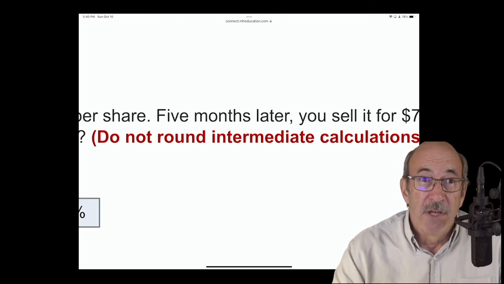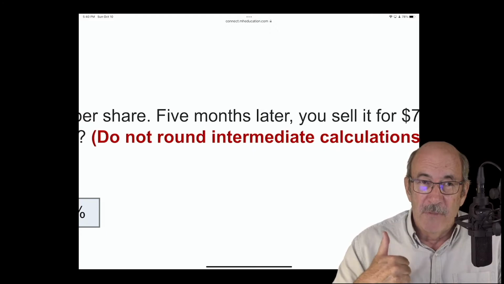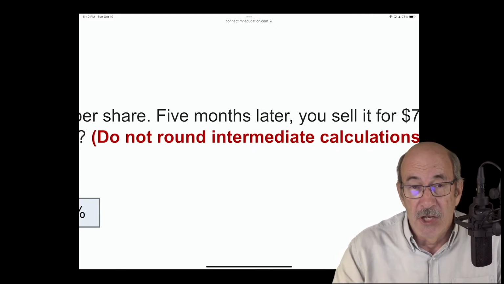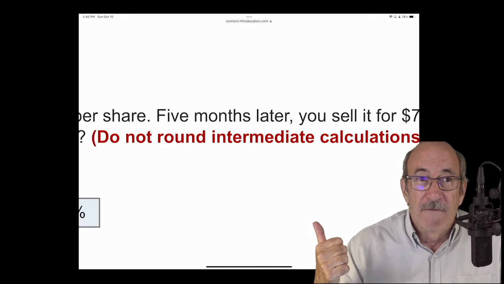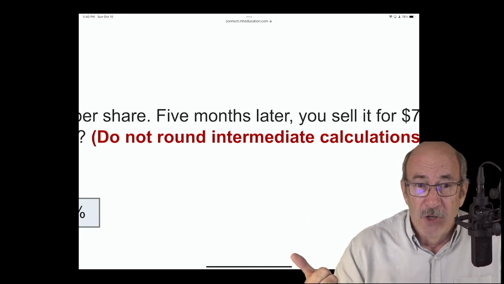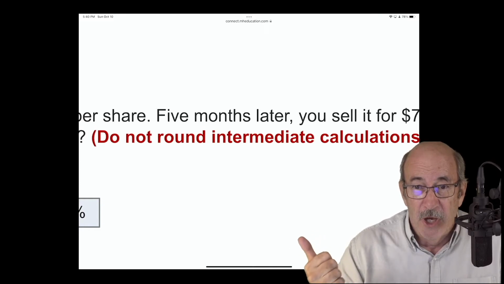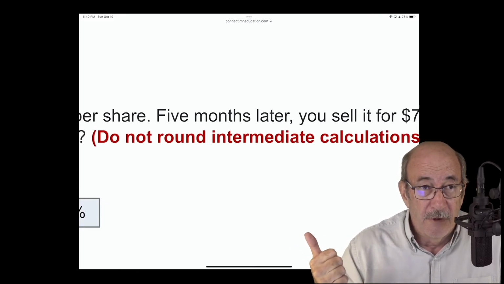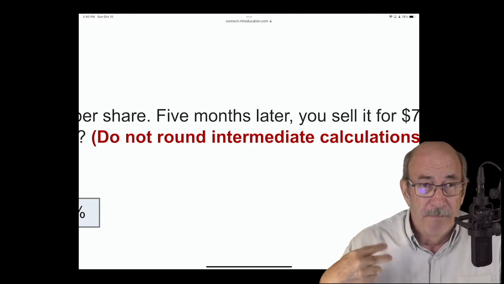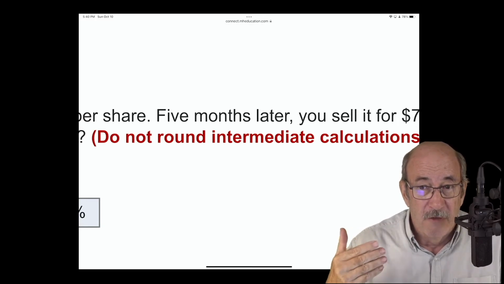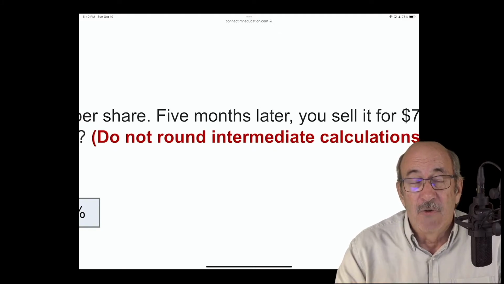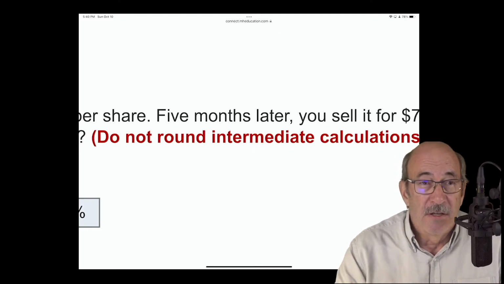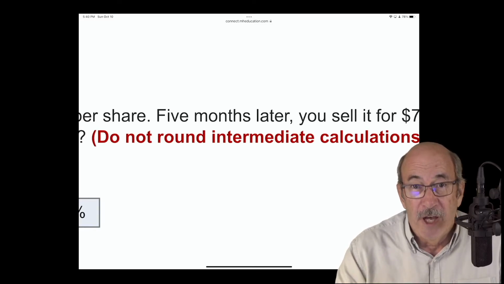Now, if you have a holding period of greater than a year, and you're doing it in months still, it would be 12 over the number of months in the holding period. So if it was a 2-year holding period, that'd be 24 months, so it'd be 12 over 24. So there you're actually taking the second root. That's also the same as raising to the exponent 0.5, right?